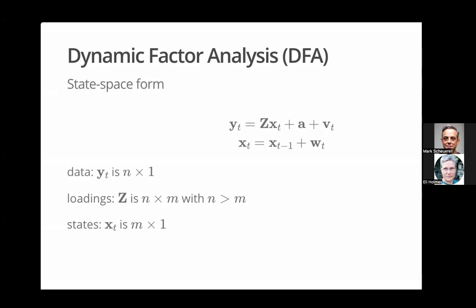And here we always want to basically limit ourselves to a case where N is greater than M. So we don't want these two to be equal. This could be 25 and this could be 24. But typically, if this is 25, we'd like this to be something small, 2, 3, 4, maybe 5. And then our states here are going to be M by 1. So Y is a long vector. Hopefully, X is a relatively short vector.